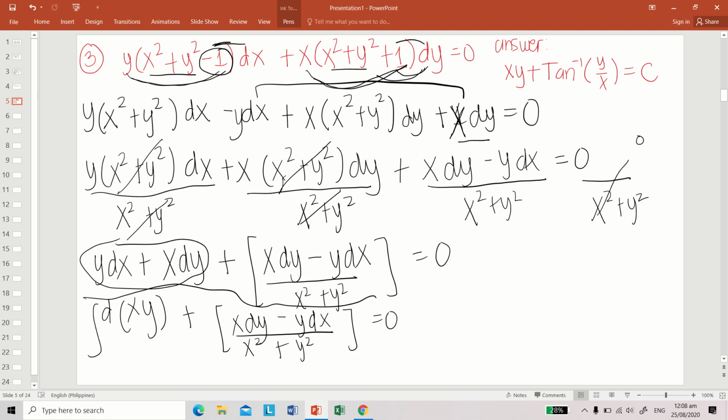So integrating both sides of the equation, we will have xy plus arctangent of y over x is equals to c. So that's the answer.